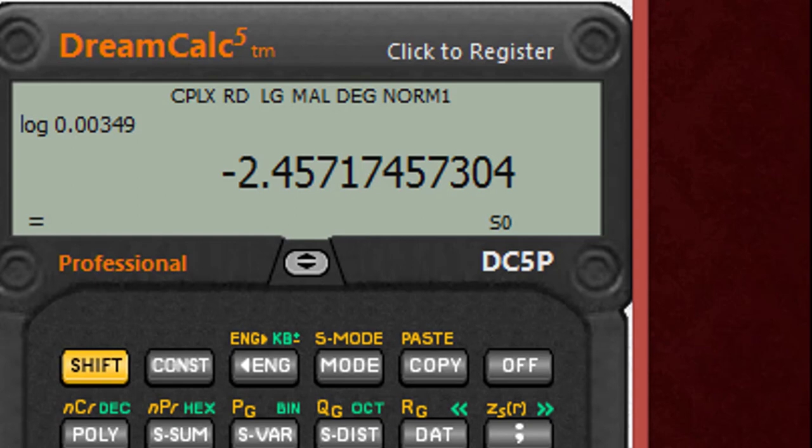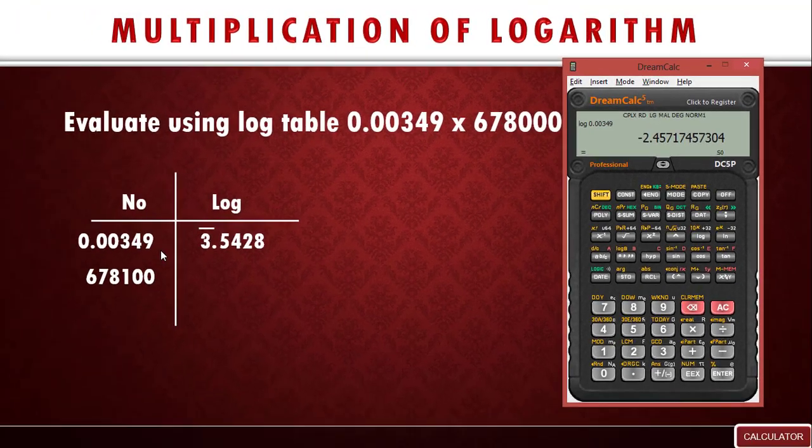The first thing you do is to determine the characteristic and then take out the non-zero digits that you have there, and then determine the workaround using the log. When you have the answer of the log, all you need to take out from it is the 4-digit mantissa after your decimal. So you don't need the characteristic there.